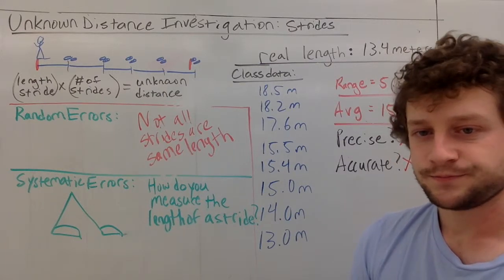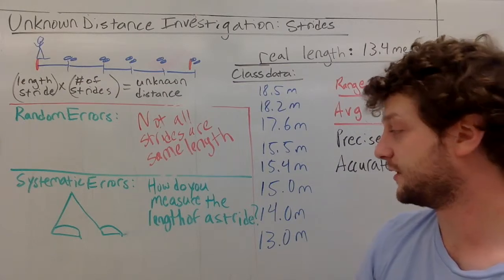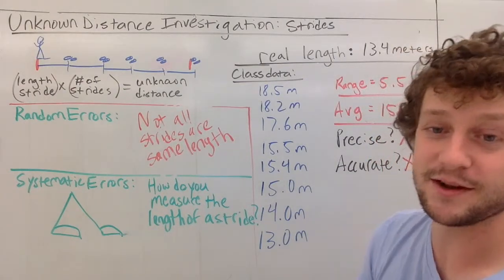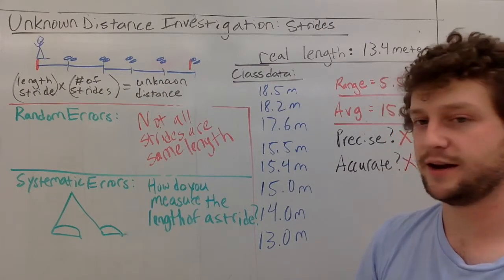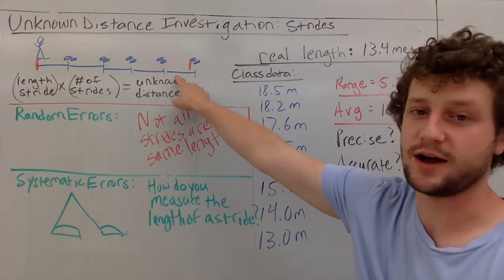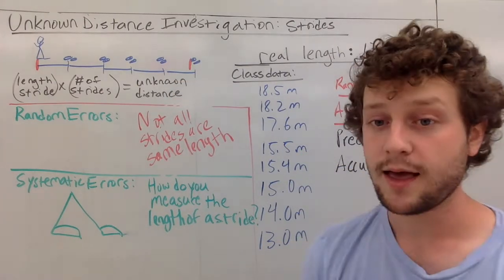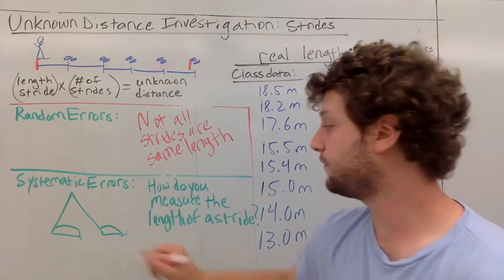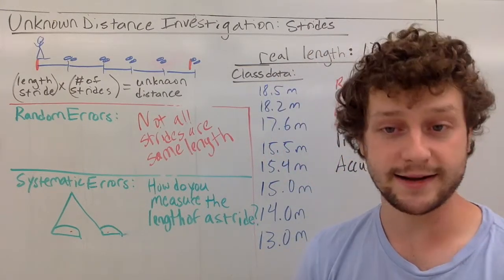So, what was your method to measure the length of a stride? And was that method correct? Well, think about the way you stride. Every time you take a step, which counts as one stride in your method, how many of your feet were added to that length?